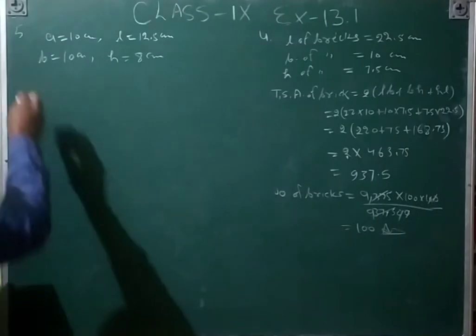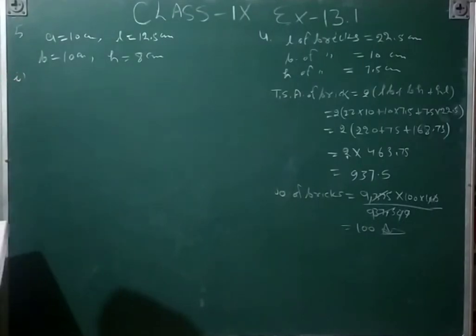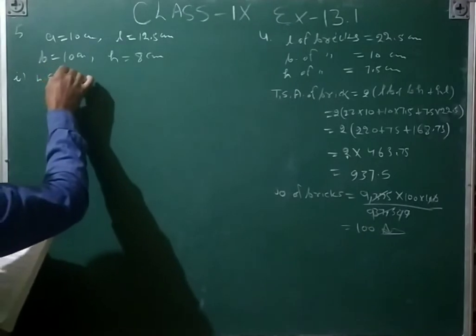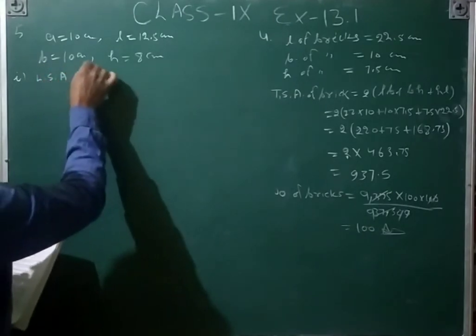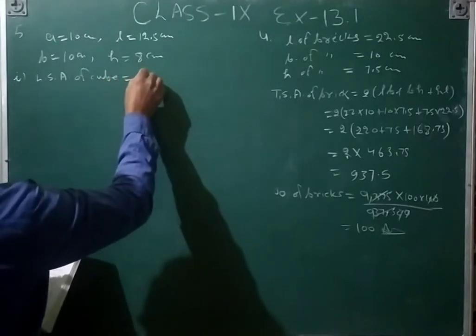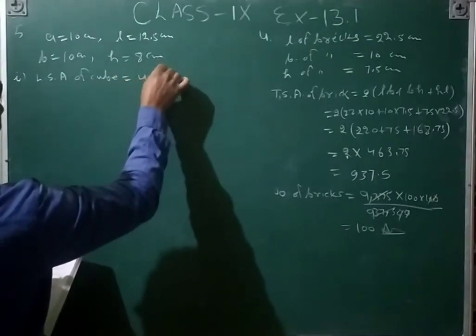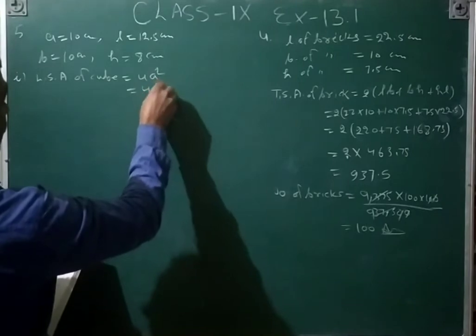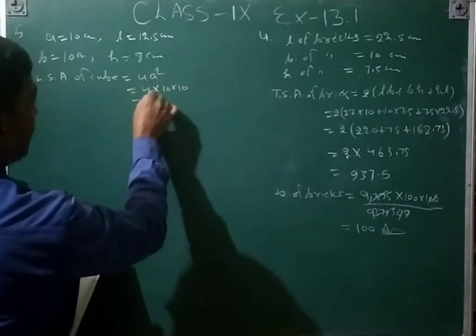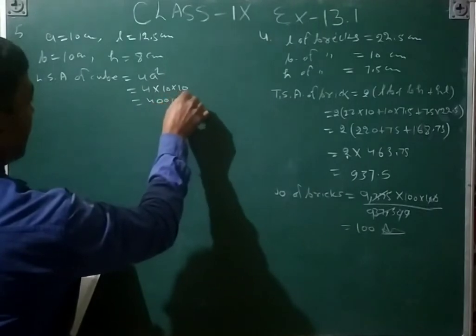So the first part: which box has greater lateral surface area? Lateral surface area of cube is equal to 4a square, that is 4 into 10 into 10, that is 400 centimeter square.